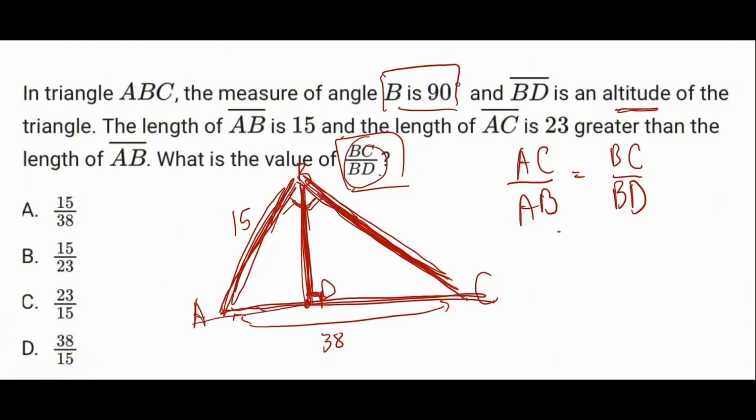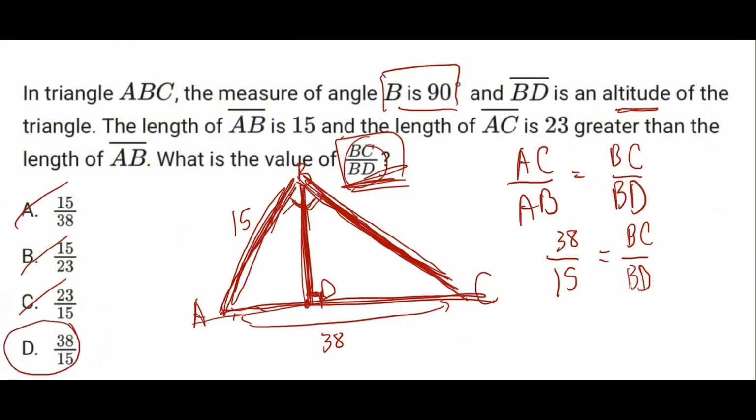So we're going to have 38 for AC over 15 for AB, which corresponds to BC over BD, which is what it's asking here. So let's see our answers. Not A, not B, not C. So the correct answer is 38 over 15, which is the letter D.